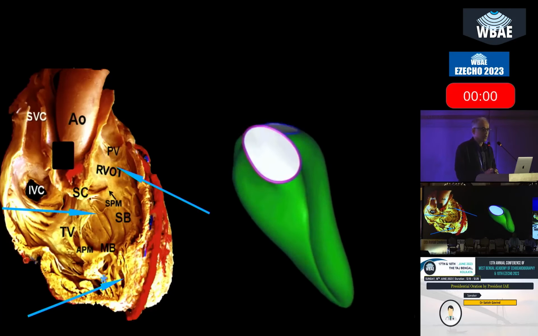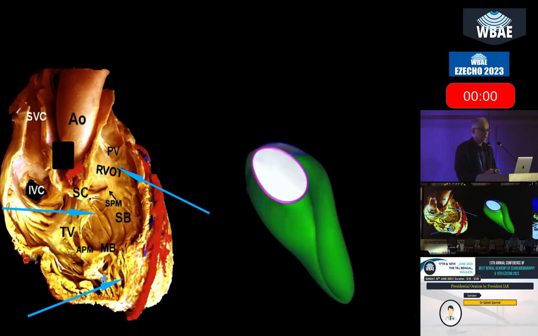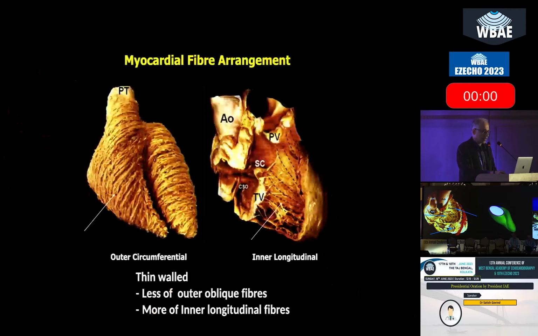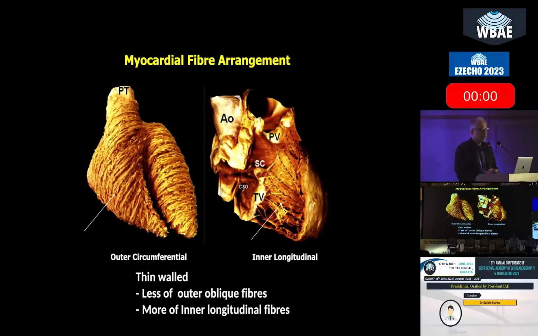So these are challenges as far as the geometry of the RV itself. And when you look at the fibers, they are different from the LV. You see more of the longitudinal fibers, that is the inner one, and less of the outer circumferential fibers. So it is thin-walled, and this is how the RV is made.